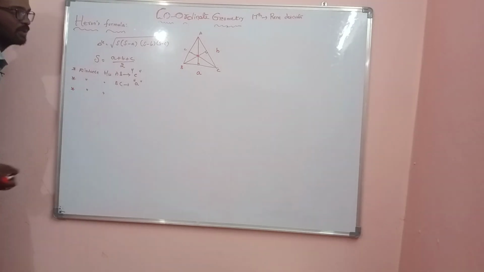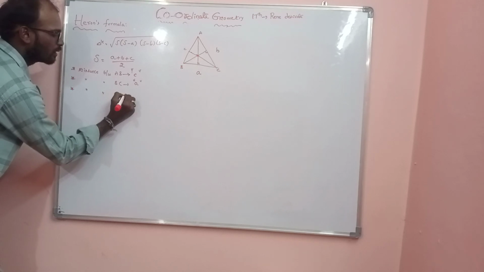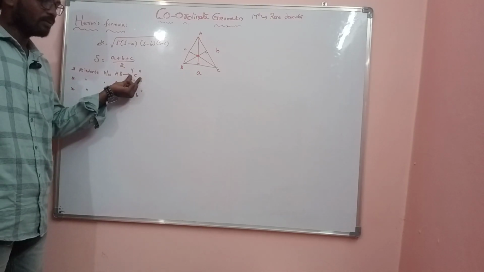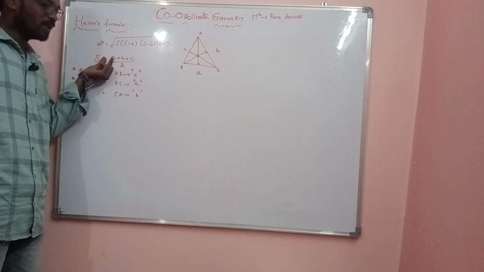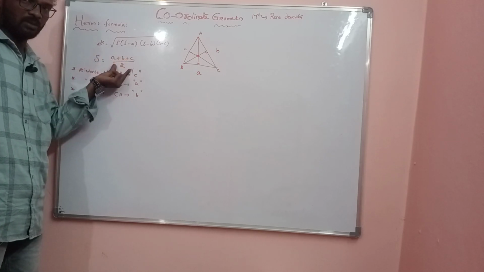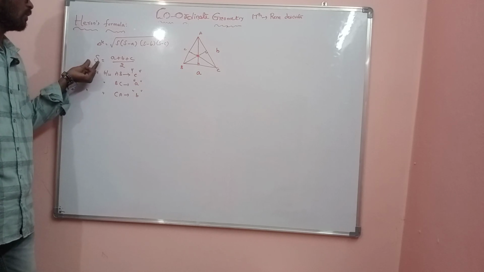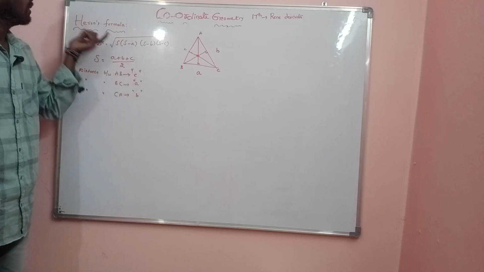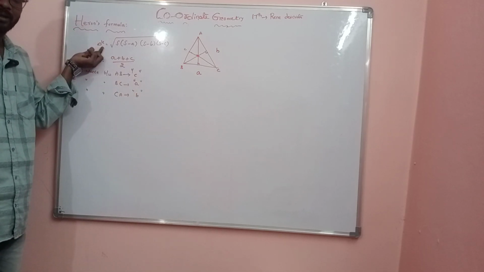Similarly, distance between C and A, or AC, is small b. So we get the A, B and C values. We substitute a plus b plus c by 2 in the formula and get the S value. Then with S, a, b and c values, we can use Heron's formula to find the area of the triangle.